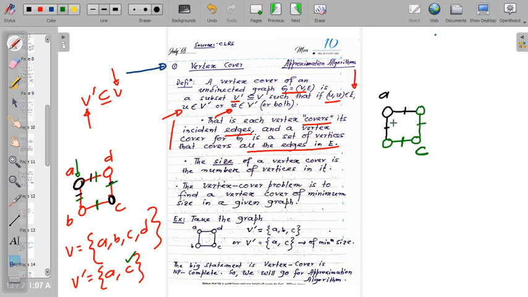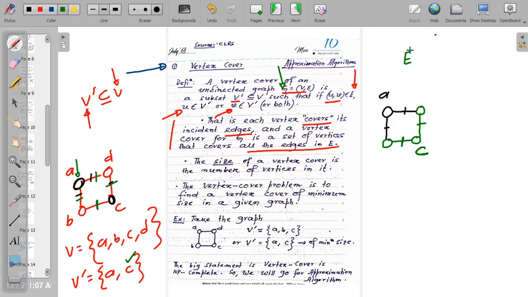If I include A and C, that covers all the edges of the original graph G, that is, all the edges of the edge set E.